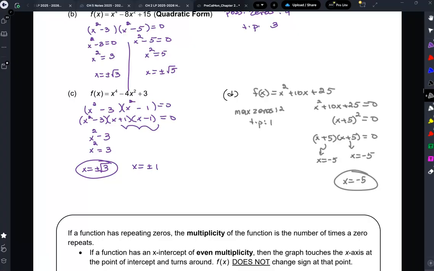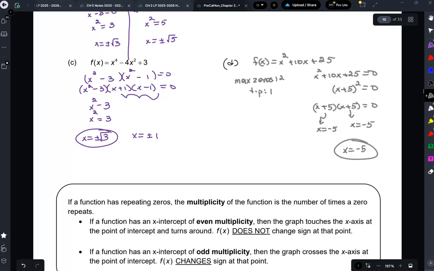Because it appears twice. Okay, so now that is going to make a difference. In this case, I have 4 different zeros. Plus 1, minus 1, plus root 3, minus root 3. So those are the 4 zeros. Here, I have x equals negative 5, but that's technically 2 zeros in 1. Let's see if there is a difference when that happens.